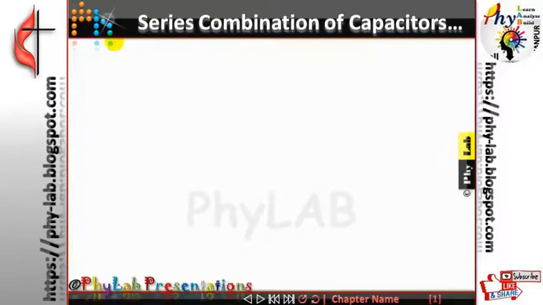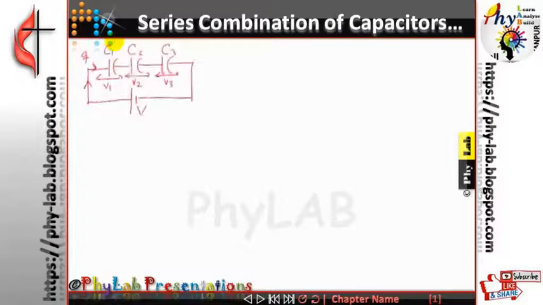So students, let's begin with the series combination of capacitors. Here I have three capacitors, C1, C2 and C3, all connected in series, and across this series combination I am connecting a battery of V volts.